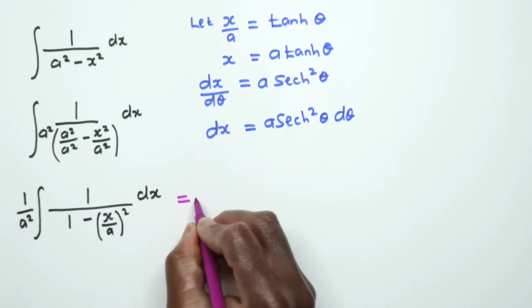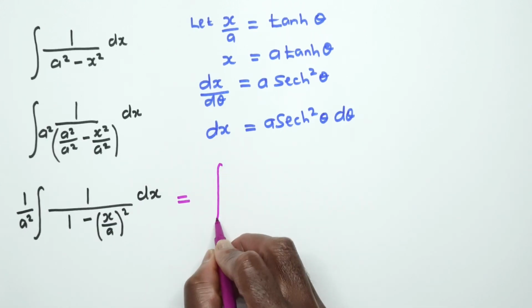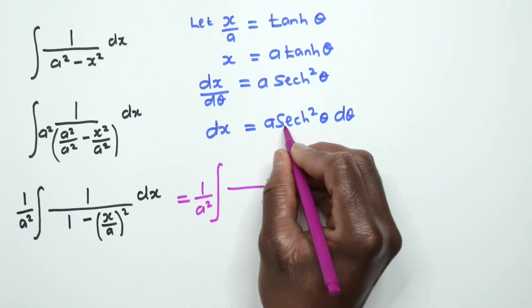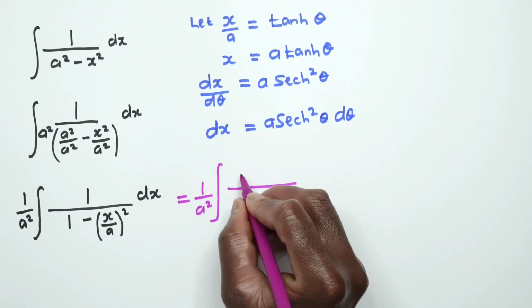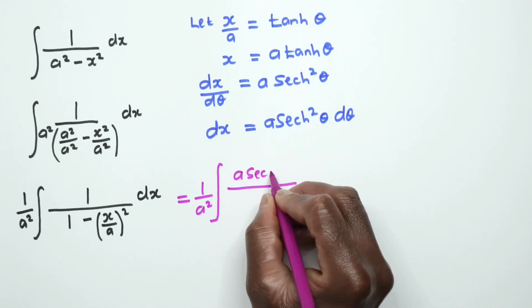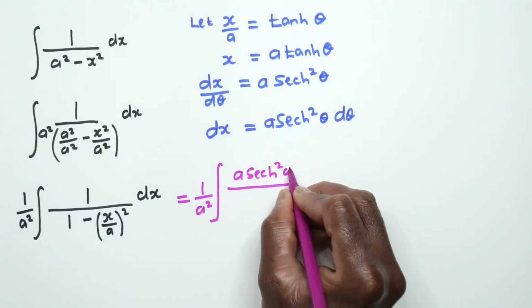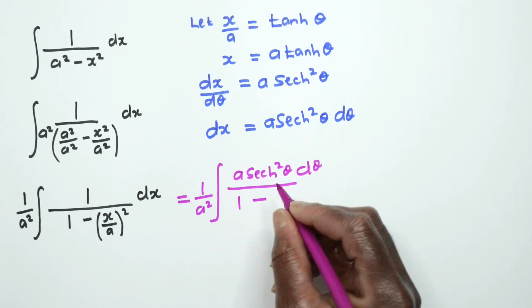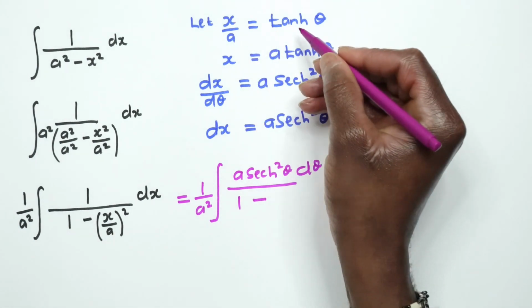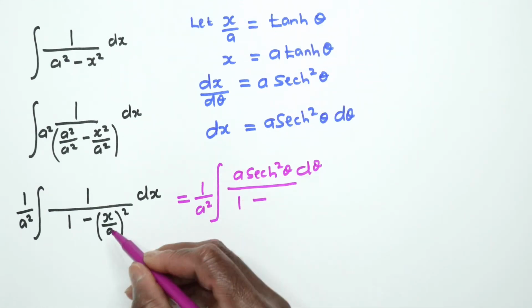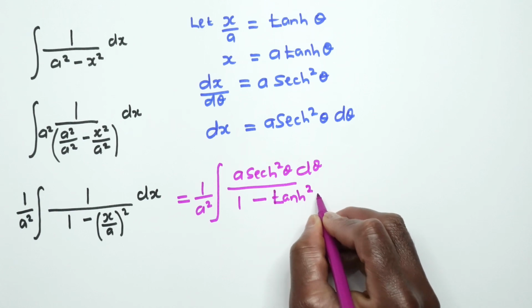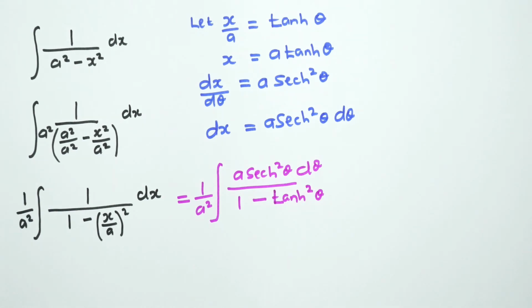So let's write that to be equal to the integral 1 over a squared, and so I get my dx, which is this, a hyperbolic sec squared theta d theta over 1 minus, well, x over a is hyperbolic tan, so if I square it I get hyperbolic tan squared theta. But what is hyperbolic tan squared theta?